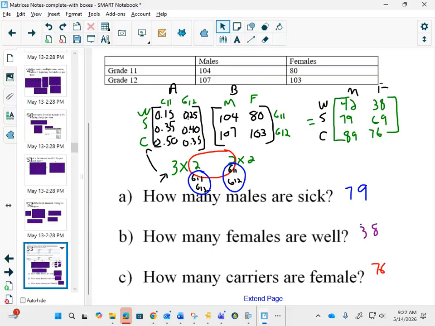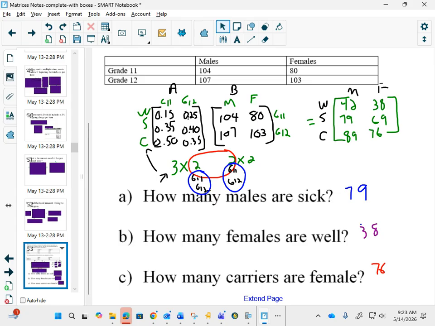The question is, how would you know to make a column matrix? Well, in your mind, you're always thinking about what are things that I can match up in my two matrices? And one of them has to be in the rows, and the other one has to be in the columns, and they have to match up. And that leads us to our next question, where the data isn't given in a chart.